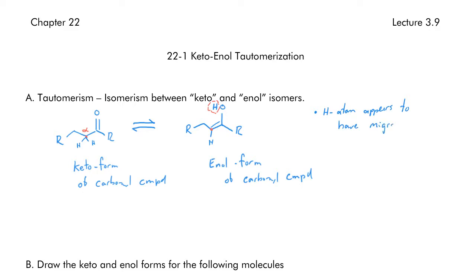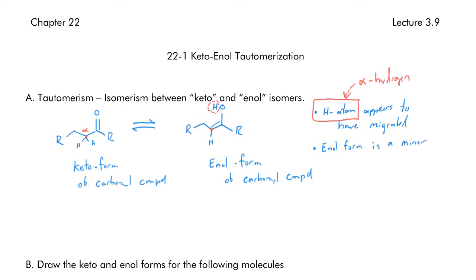Now that H that I've circled is not directly transferred from the alpha carbon to the oxygen. There's a proton exchange with the environment. So those aren't identical atoms, but nonetheless, it's a net transfer of that hydrogen to the oxygen. What's required for this tautomerization is you must have an alpha hydrogen, and it appears to have migrated. Without an alpha hydrogen, this doesn't happen.